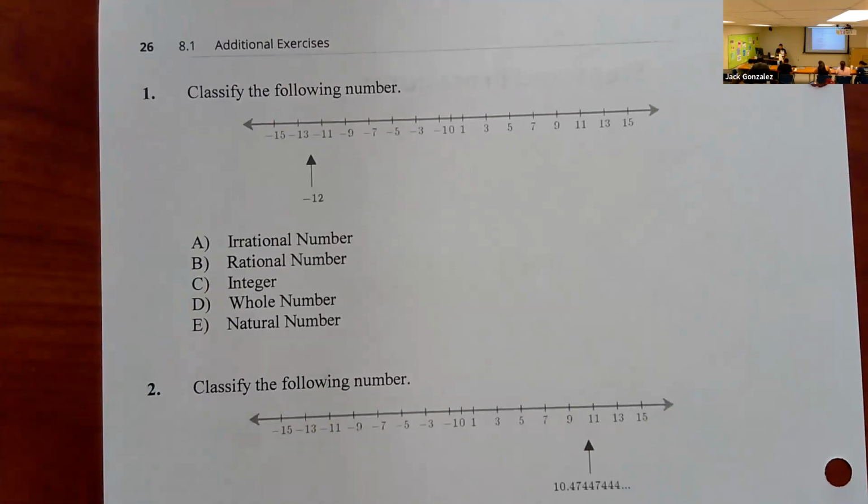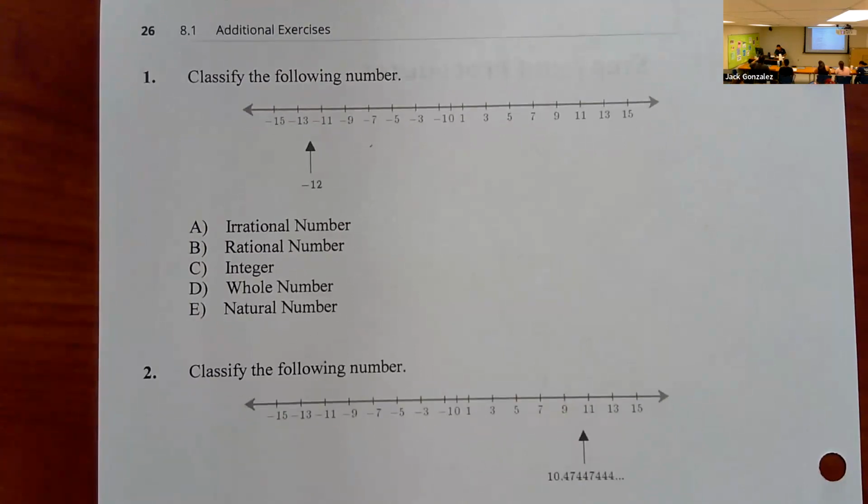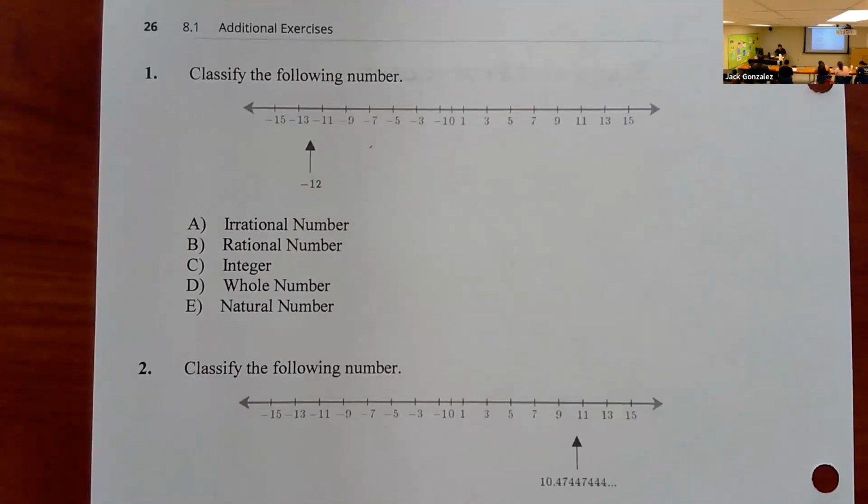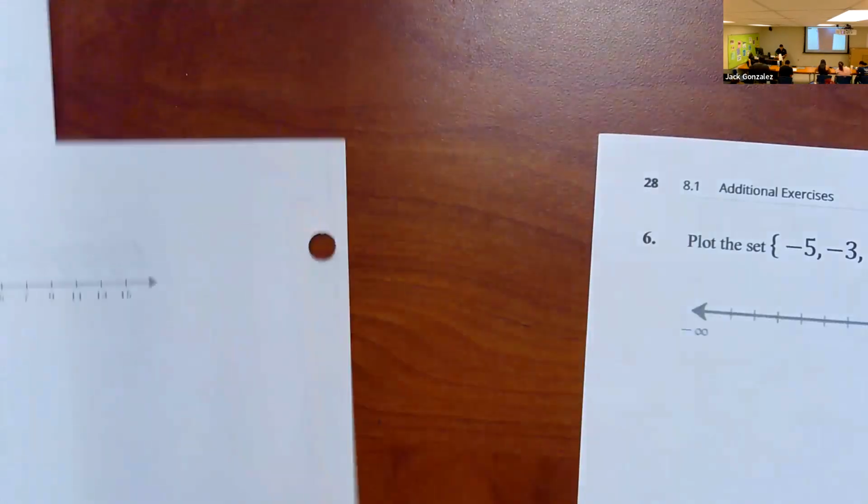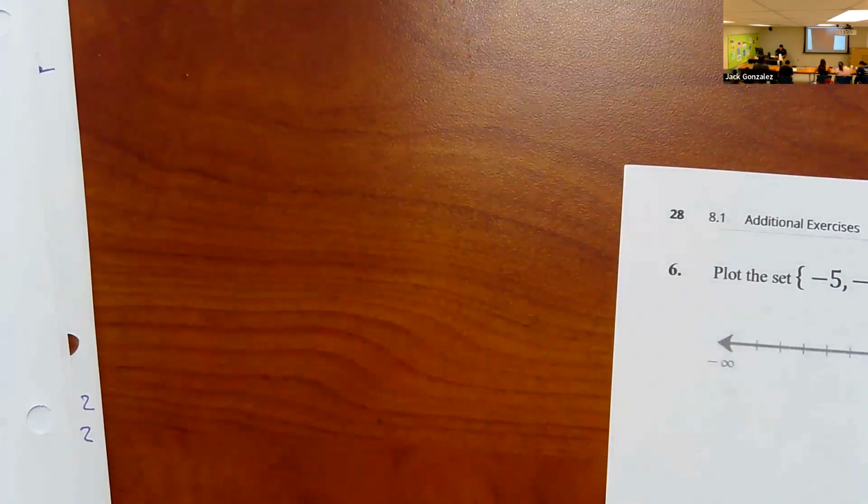What's up? I don't think I helped. You didn't. Here. Take these. 1 through 6, I said, right? Those are yours.